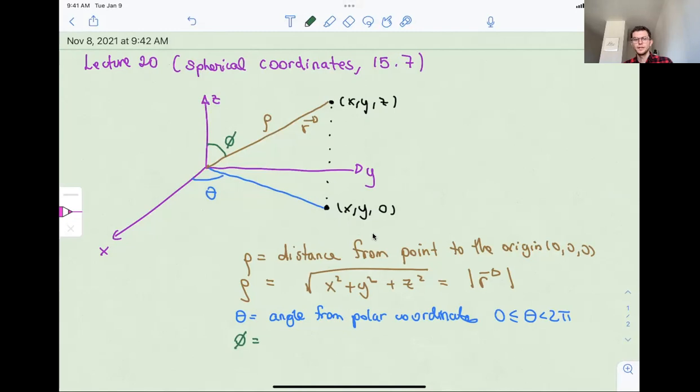And phi is the angle between the z-axis, or the vector k, and the position vector.